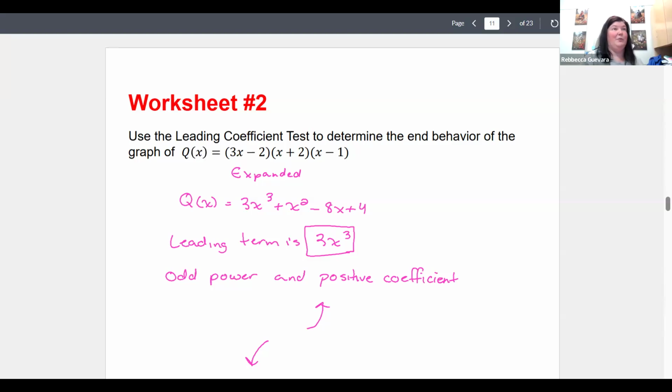I'm trying to get the graph up. So actually, if you graphed it, get my points here. That one's 4. So it kind of does this.